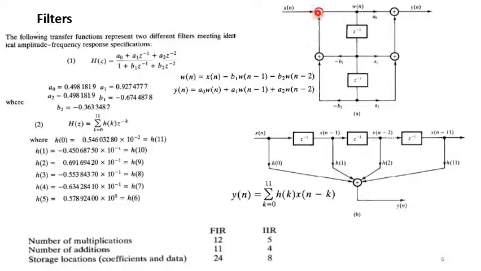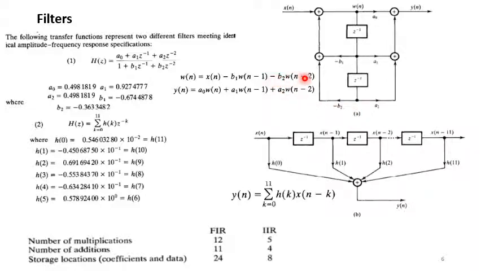So if we look at the block diagram, we can see w(n) equals x(n) minus b1 w(n-1), with one unit delay, minus b2 w(n-2), one more unit delay.